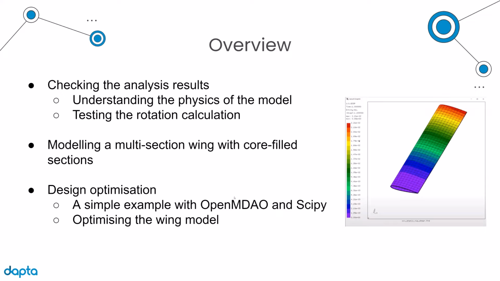And as a final update, we have added some design optimization to the code, and I'll be going through how to use design optimization, first using a simple example and then optimizing the wing model. So this video will cover the first two sections.